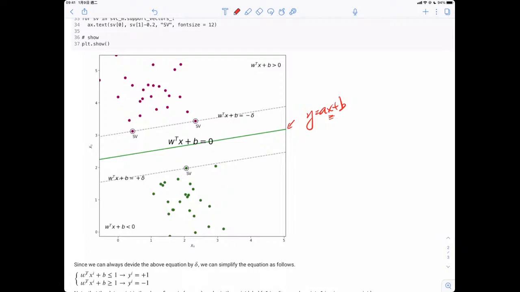So x, usually the x is represented as x0, x1, x2, x3 to xn, for example. And we have a weight, like a.